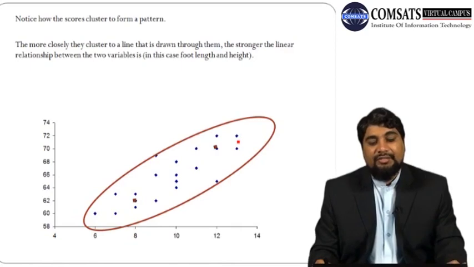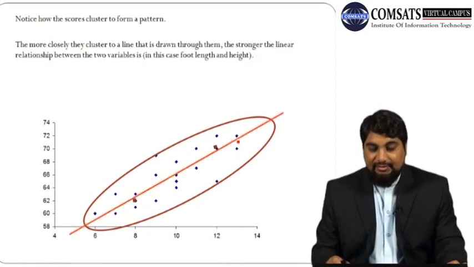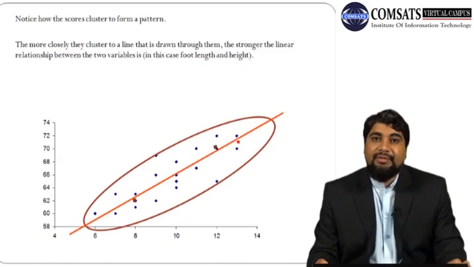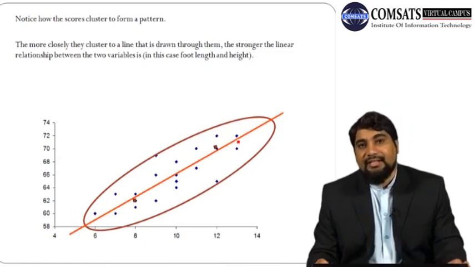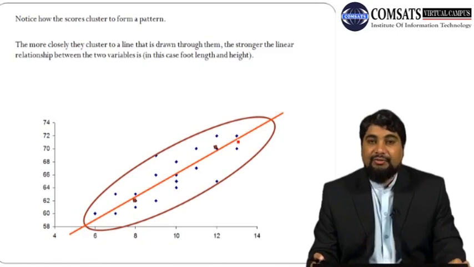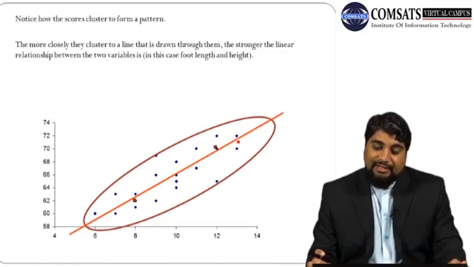Notice how the scores cluster to form a pattern. The more closely they cluster to a line drawn through them, the stronger the linear relationship between the two variables is. In this case, the two variables are foot length and height. You can see from this red line that most of the dots lie very close to it.